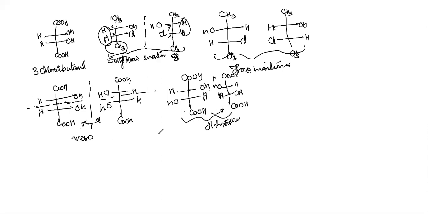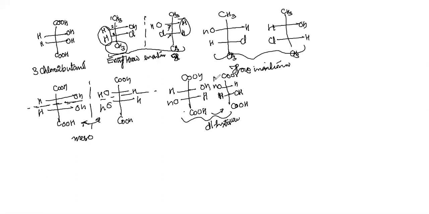Now, I gave you the definition of diastereomers: stereoisomers which are not enantiomers are called diastereomers.